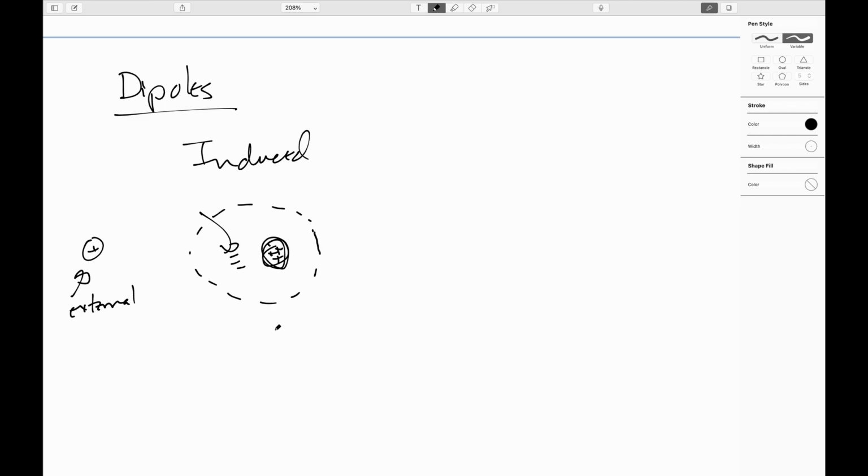And whenever you have a dipole, what this means is you have a separation of charge. In this case, the separation isn't going to be very much. Some molecules, however, are what are called permanent dipoles. And the classic example there is water.